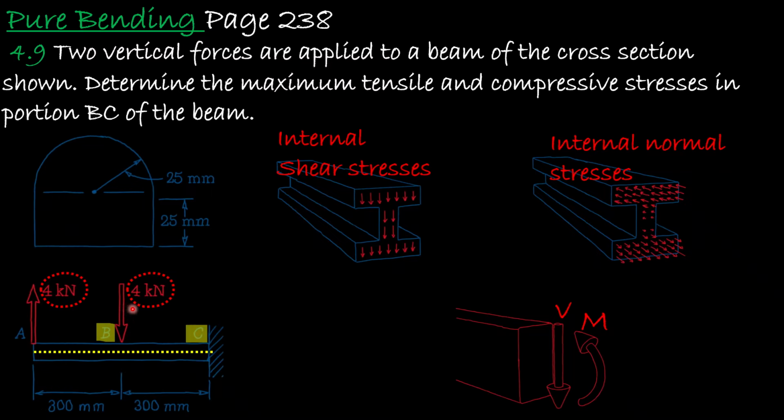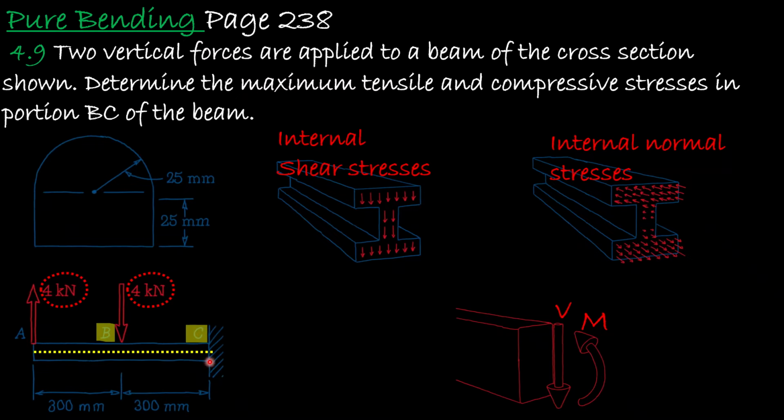Now in this beam we have two vertical forces, 4 kilonewton, and these two vertical forces are transverse loads. Transverse loads are loads that act perpendicular to the central axis, which is the yellow dashed line.